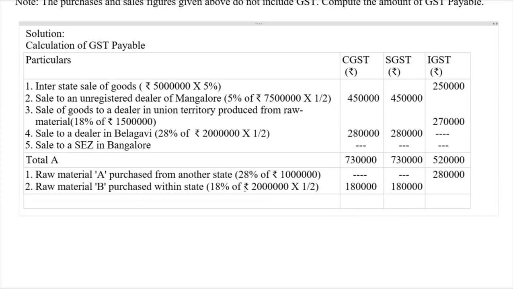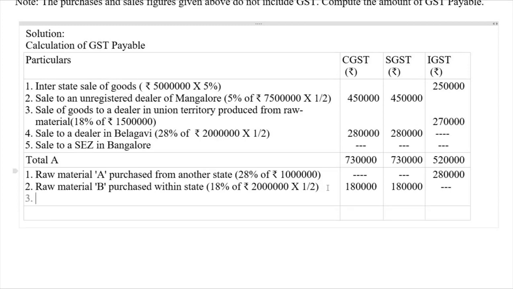Then the next one here, number 3, that is raw material C purchased from USA. So here this includes the IGST.